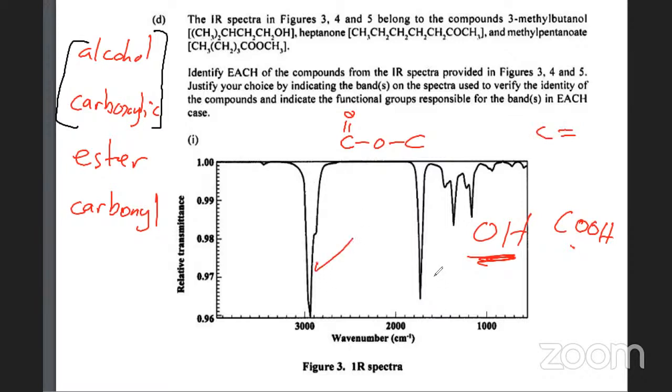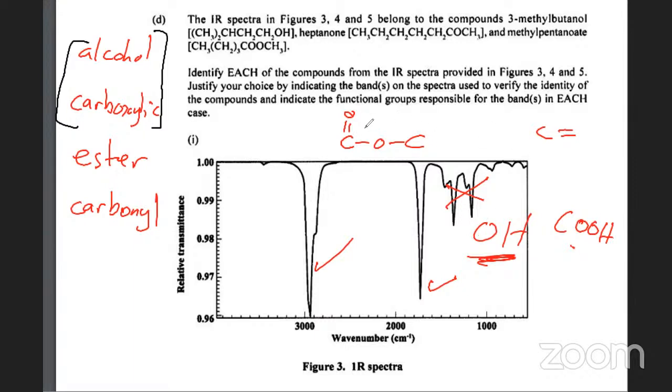So this is a peak, this is a peak. These ones are not far down, so we don't use them. Use the ones that are coming very far down. As I said, this one we don't really need to use, because we already know that alcohol is not there, carboxylic acid is not there. This is too narrow.